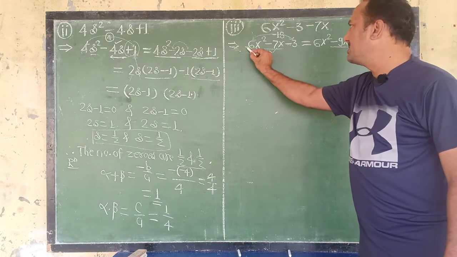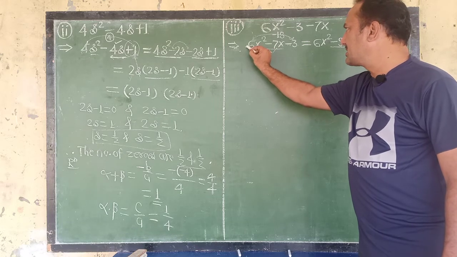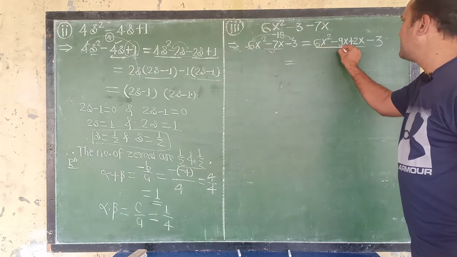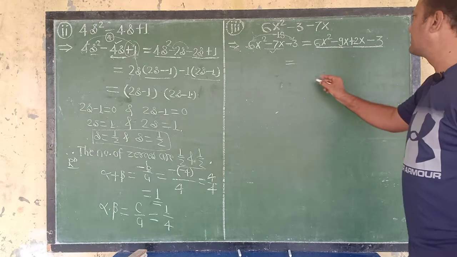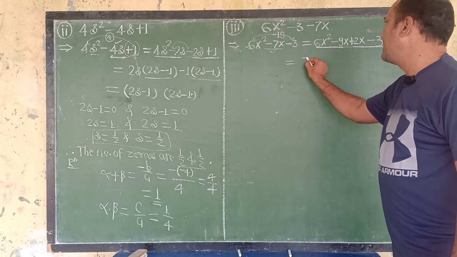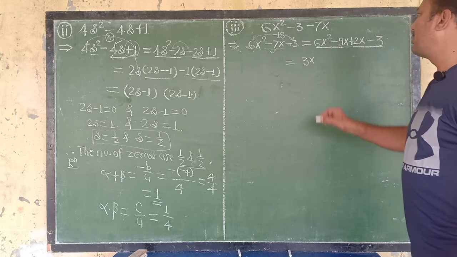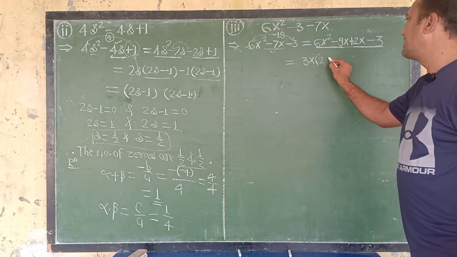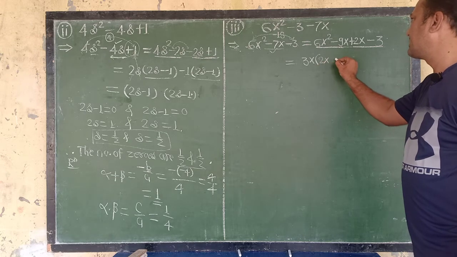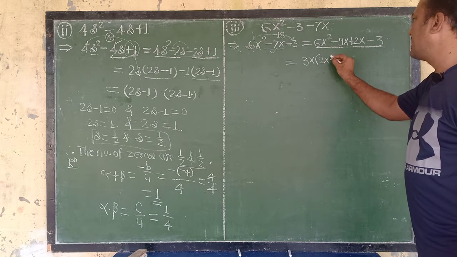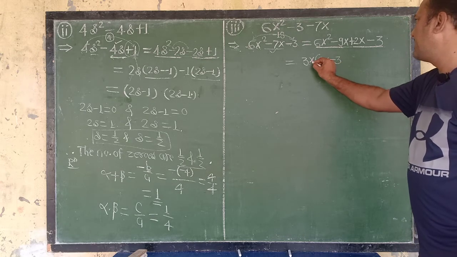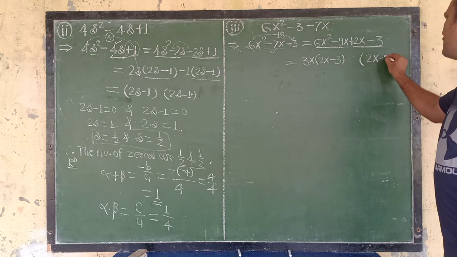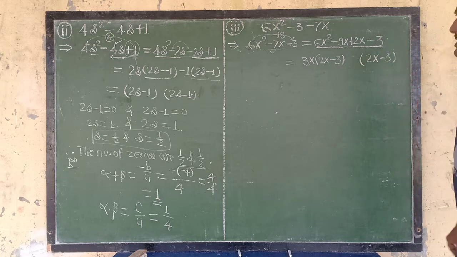Now we take only these two terms and these two terms. In these two, 3 and x are common. Then 3 2s are 6 and this is x. Then 6x square minus 3 3s are 9. Already x is outside. Then 2x minus 3 is the factor.